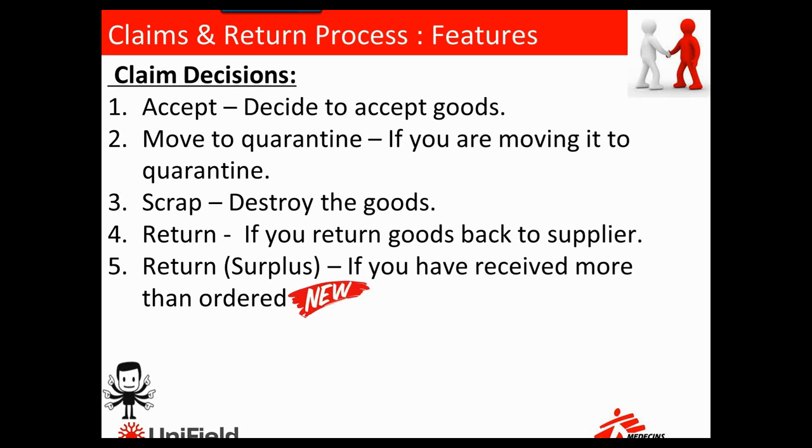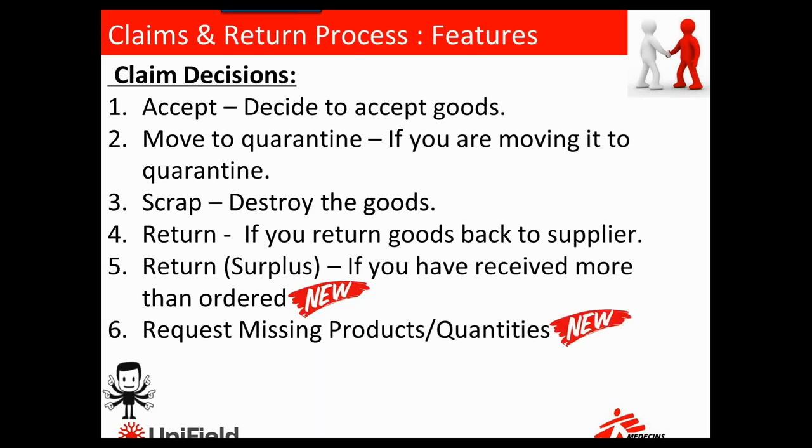This can happen, for example, when coordination initiated the field order and added one line item that you had not wanted, and it comes to your location and you decide to send it back because you don't need that item in your project location. You can do something called return surplus, just as an example. A few things happen when you select return surplus, and I will share that with you in the next slide.